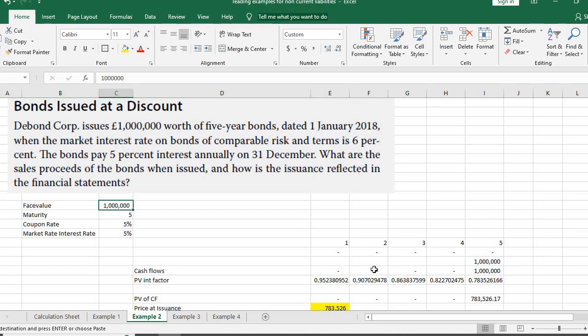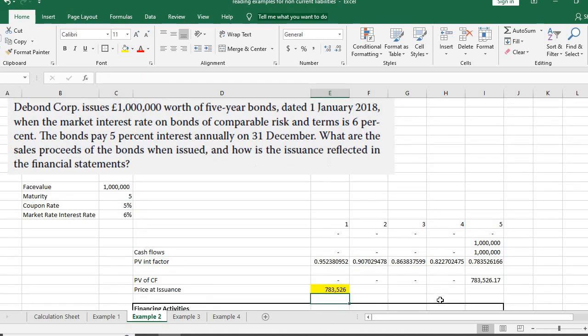The characteristics for this bond are again £1 million face value, 5 years maturity, and market interest rates are 6% in this case, so we're going to change the market interest rate. So what are the sales proceeds at issuance, and how is the issuance going to reflect?